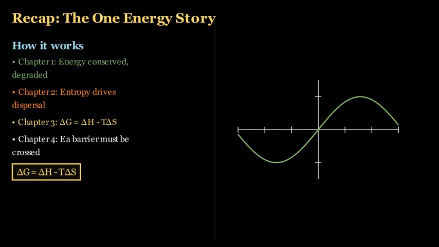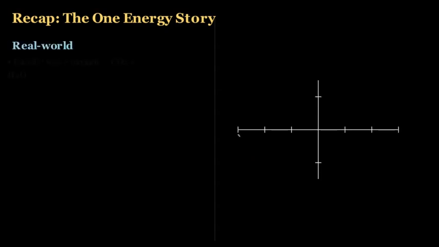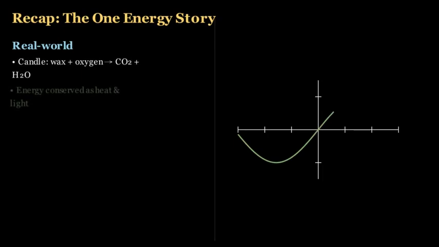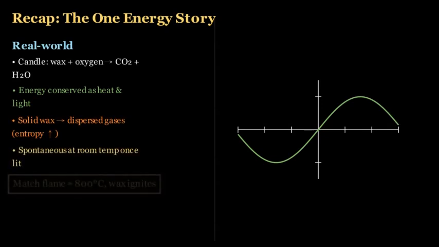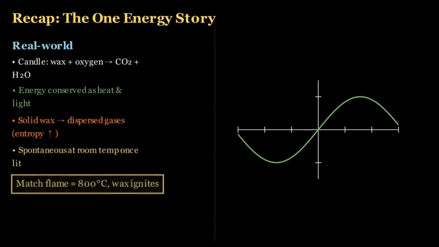A burning candle traces the full story perfectly. The wax is a store of chemical potential energy. When it reacts with oxygen, that energy is conserved, it transforms into heat and light, warming the room. At the same time, the orderly solid wax molecules become dispersed carbon dioxide and water vapor gases, entropy shoots up.